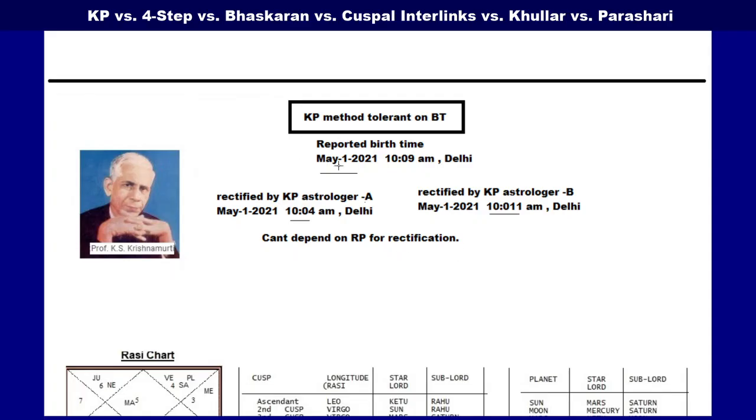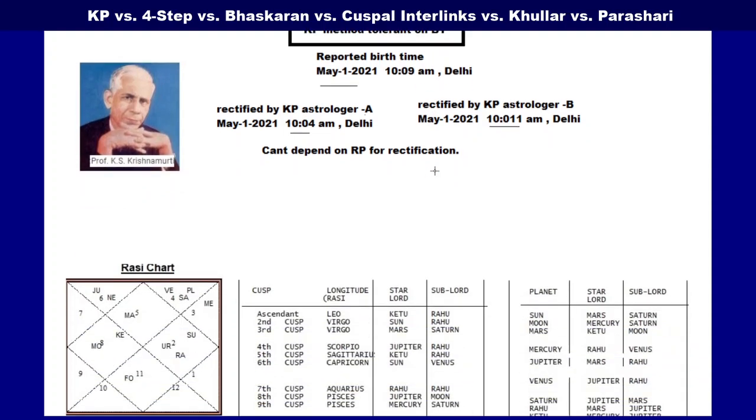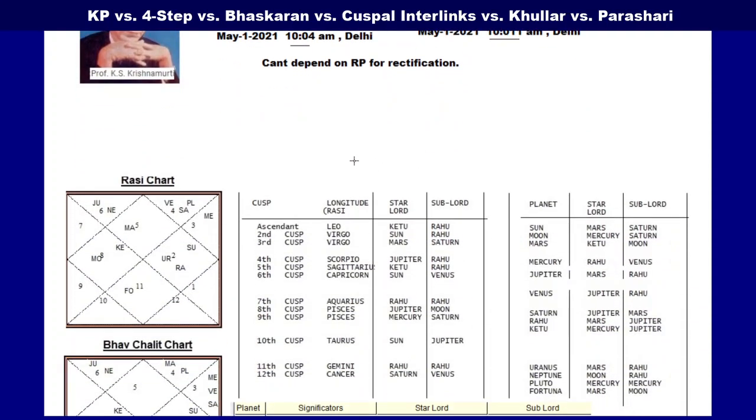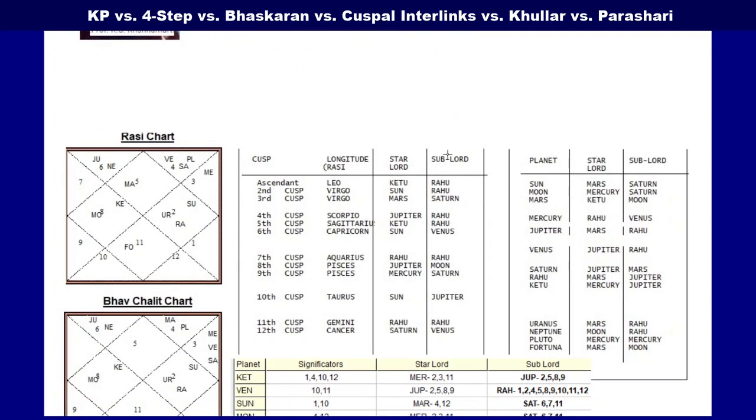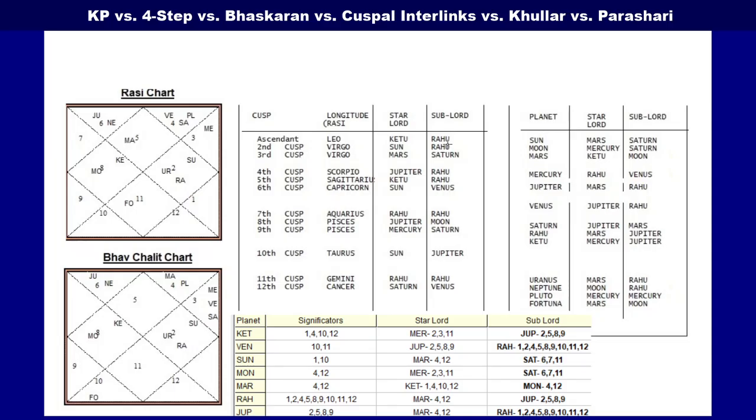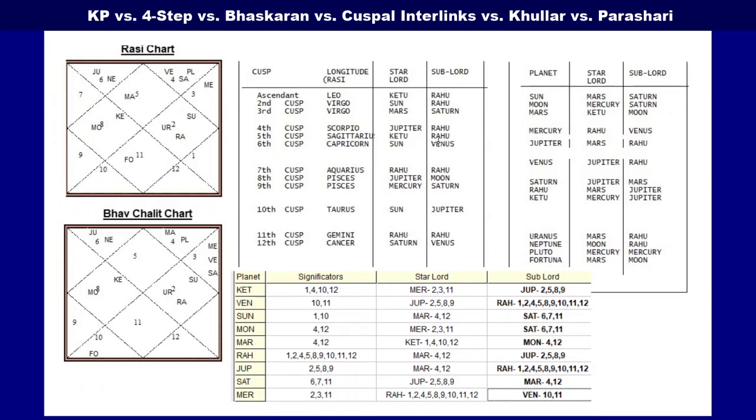So now what happens is that if you get a horoscope, and let's say there is some inaccuracy in the birth time, maybe 5 minutes or 7 minutes, in that case, of course, the cuspal sublords are likely to change. So in that case, at least in KP, what you can do is completely ignore the cusps.